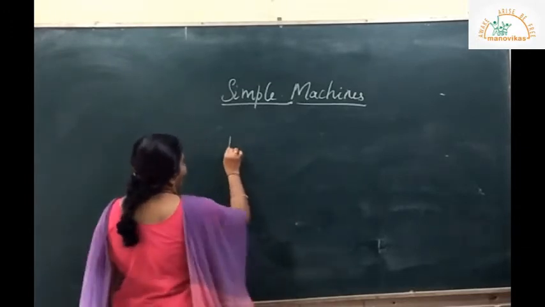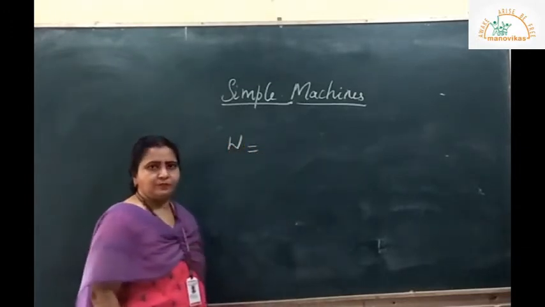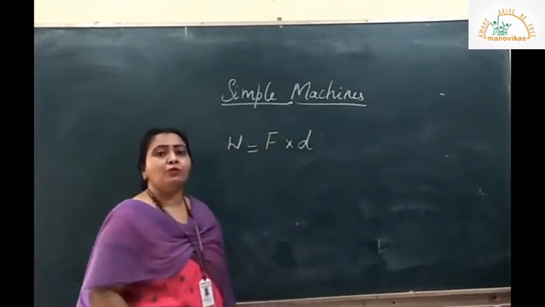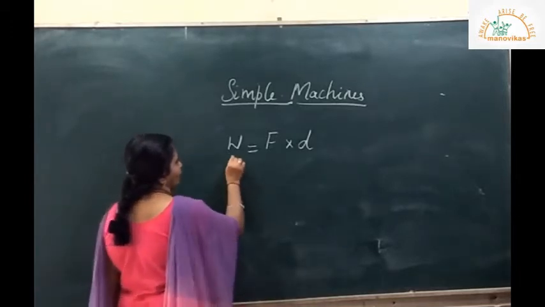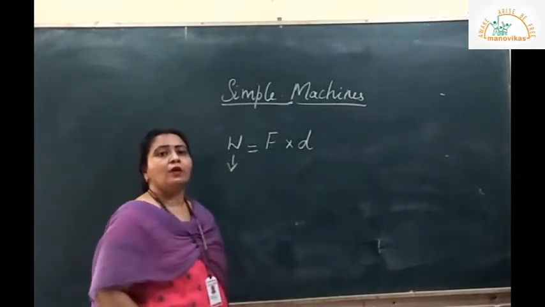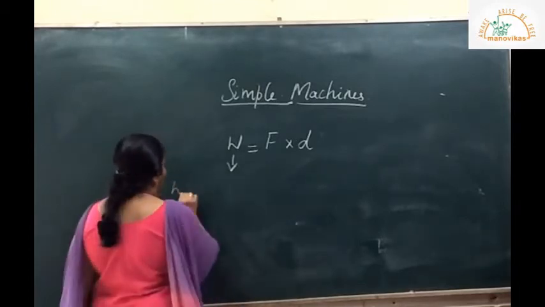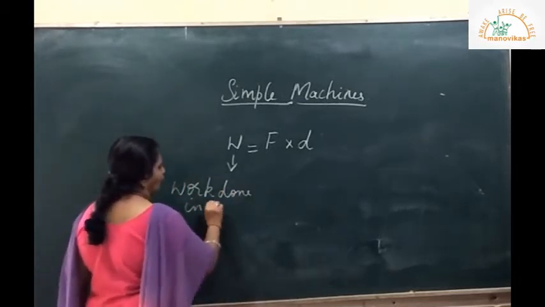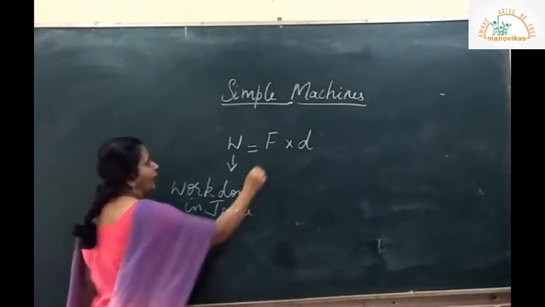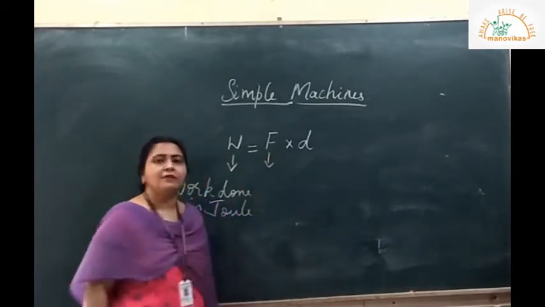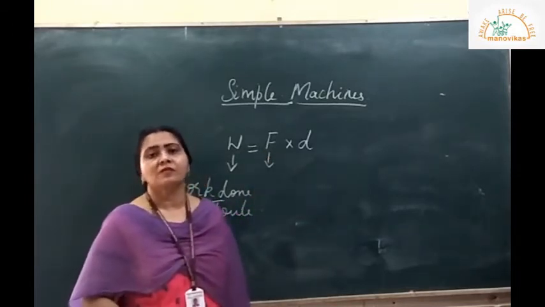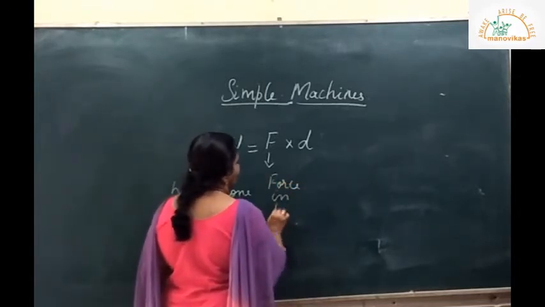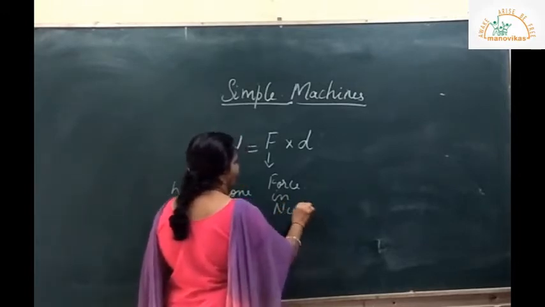Work is W equals F into D. W is the work done, in Joules. F is the force, measured in Newtons.